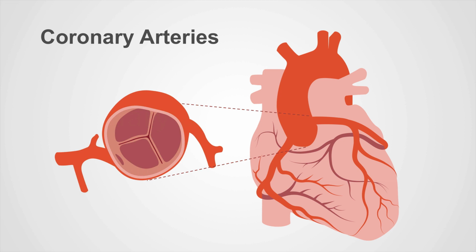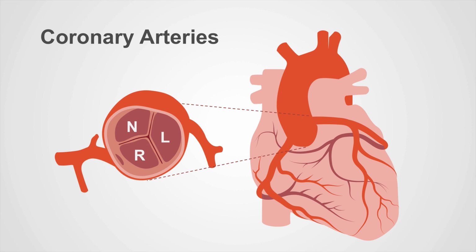Ordinarily, the left coronary artery originates in the left sinus of Valsalva, the right coronary artery in the right coronary sinus of Valsalva, and there isn't a coronary artery associated with the third sinus of Valsalva, and so it's often known as the non-coronary sinus.